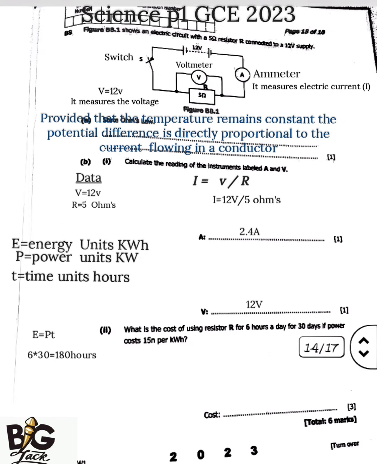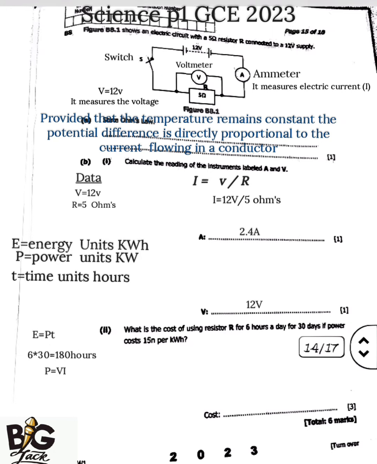We don't have power here, so there is a need to find power. Power is equal to voltage multiplied by current, or power is equal to V squared divided by resistance. I'm going to use the first one, which is power equal to voltage multiplied by current.